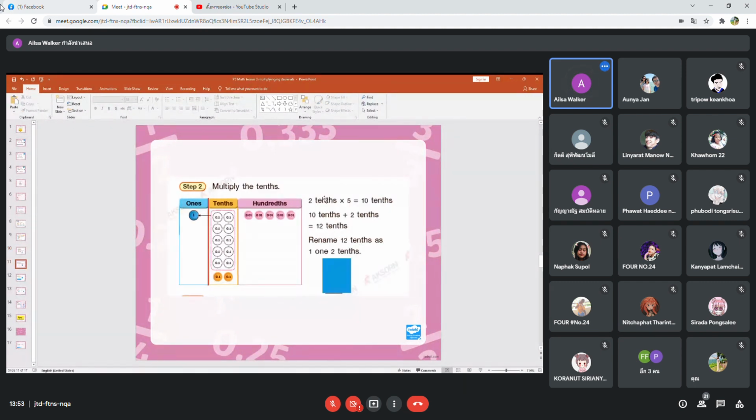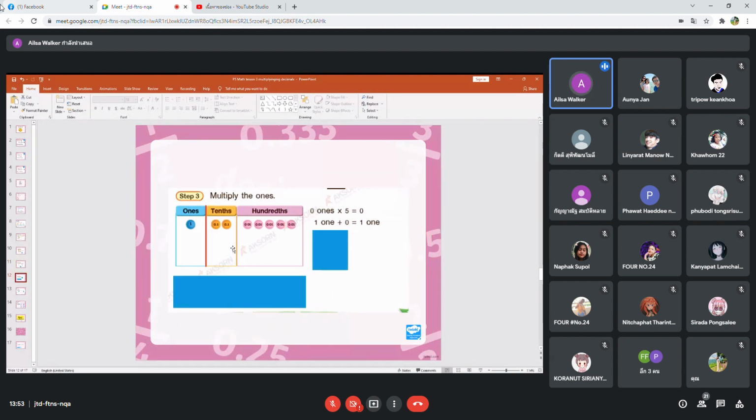Then we look at the tenths column, which is this one. There are 2 tenths. 2 times 5 equals 10, plus 2 equals 12, very good, thank you. So carry the 1 and we put 2 here. The final step is to multiply the ones.